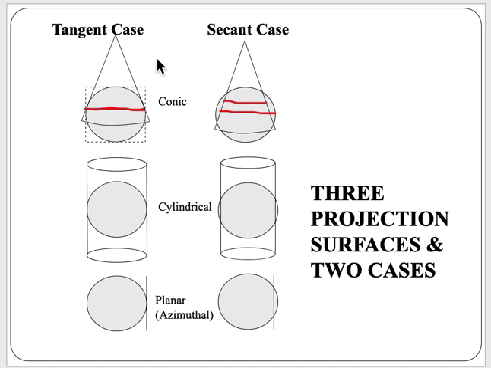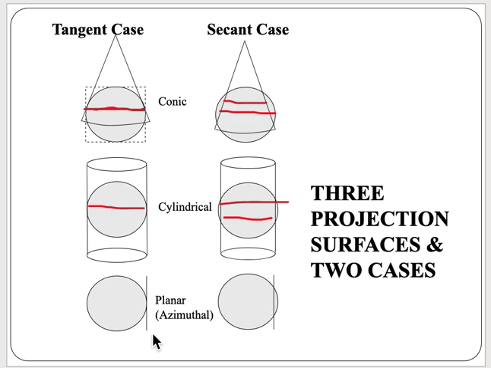Again, for the cylindrical projection surface, you have the cylindrical surface wrapping around the Earth, and again we have one line of contact, which is a tangent case, and then we have two lines of contact, which is a secant case.